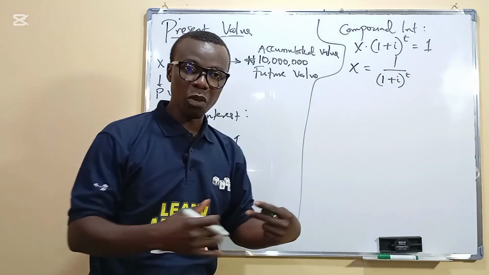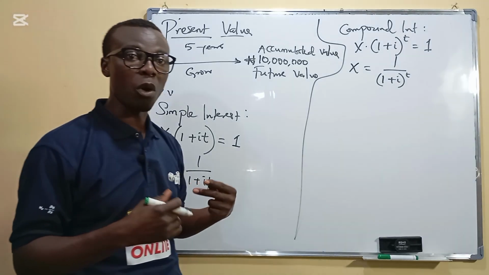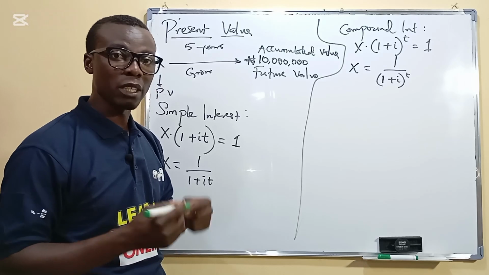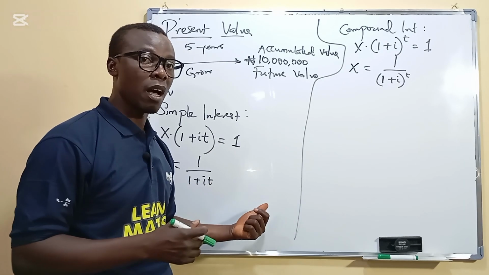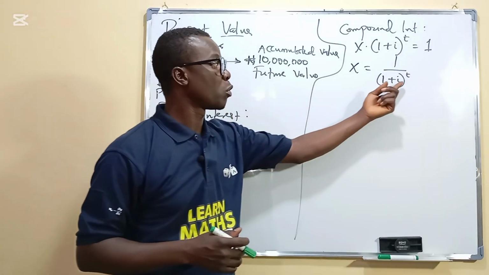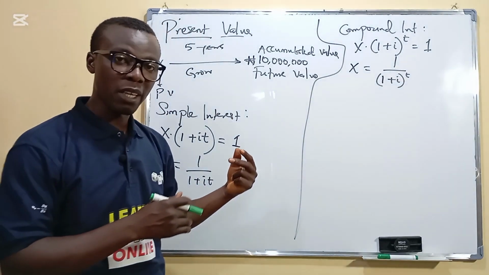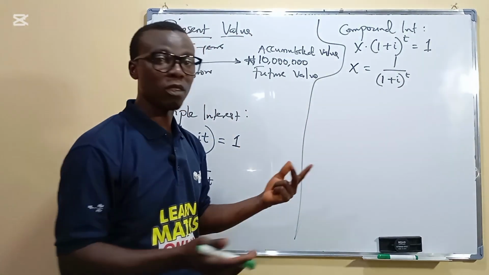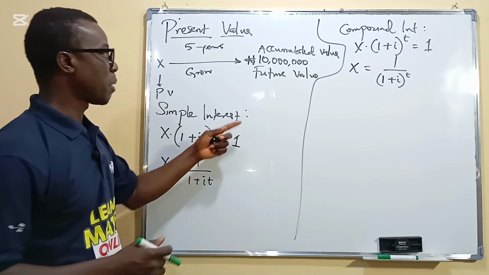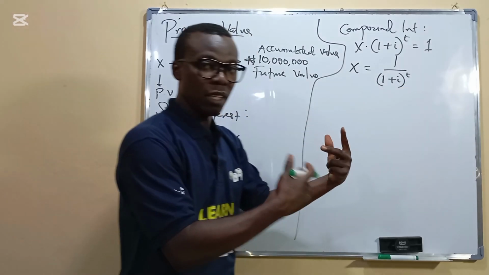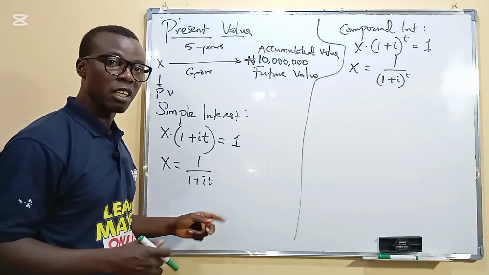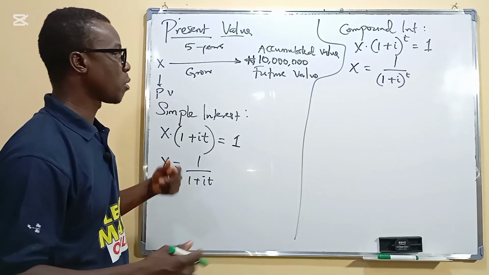Now, t is the period of time, and we would also take note of how it is being compounded, if it is compounded annually, if it is compounded quarterly. I've dropped a previous video on how to look at the case of it being compounded quarterly or annually or any other case of compounding. So now the t is the number of times that we compound. And in the case of the simple interest, the t is usually in years. So let's not forget that.